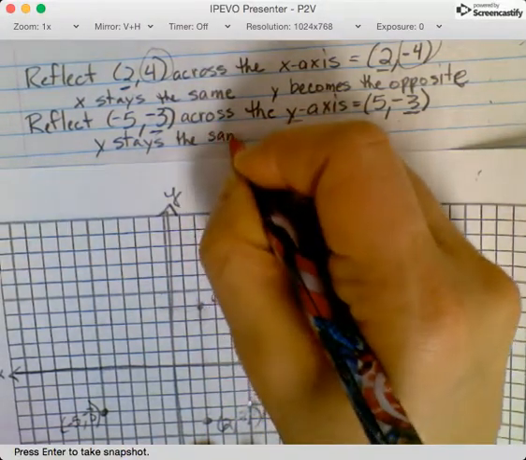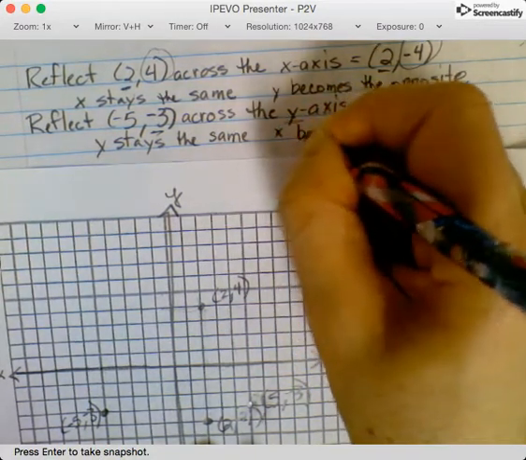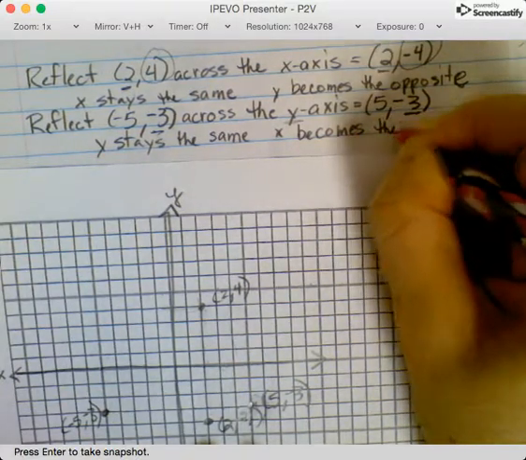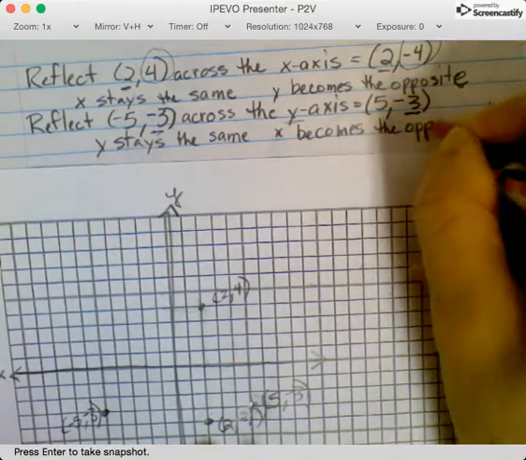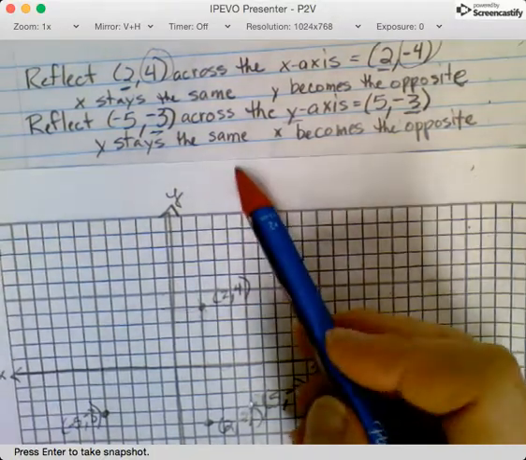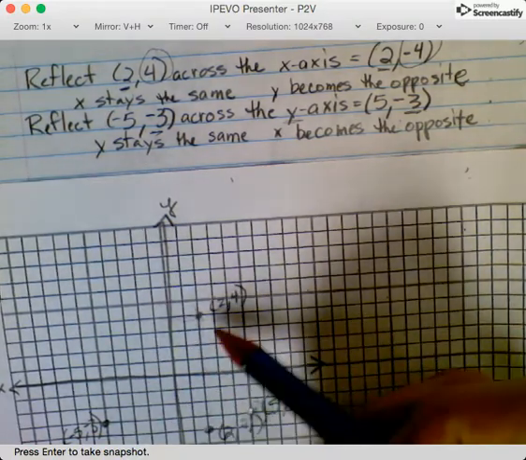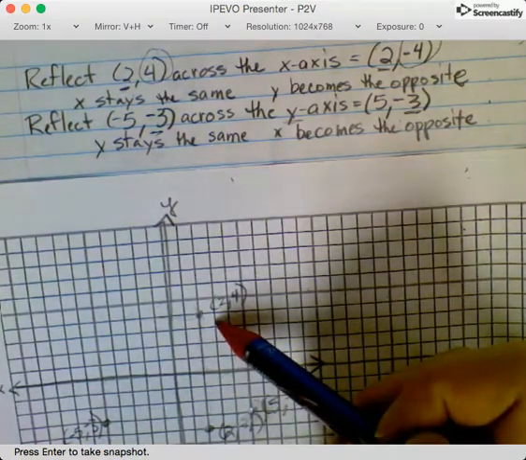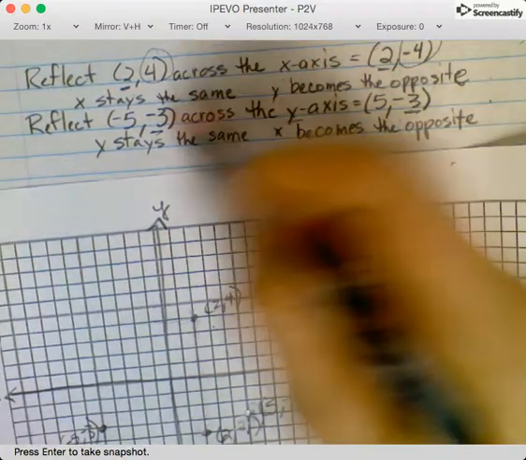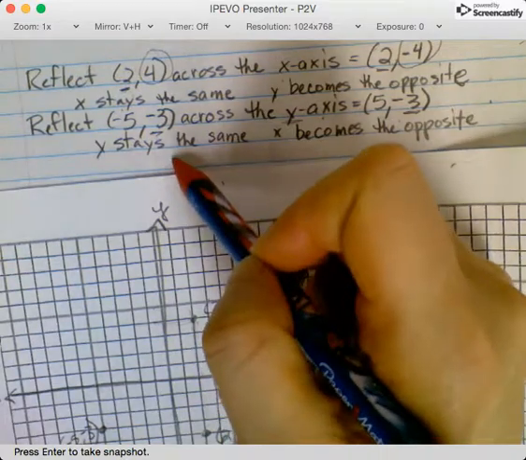And then the x becomes the opposite. Okay, so whichever axis you are reflecting across, that's actually the one that stays the same. This one is across the x-axis, the x is staying the same. This one is across the y-axis, the y is staying the same.